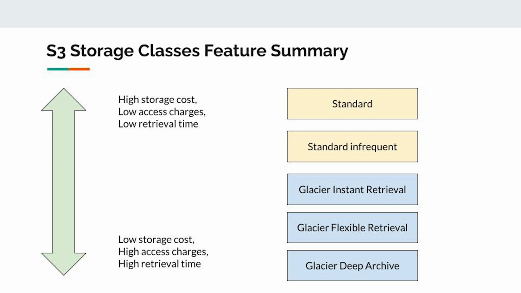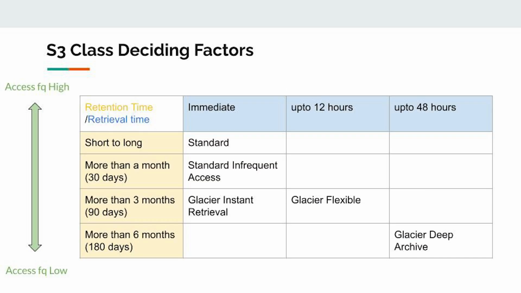Note that storage cost and access charges are inversely proportional. If we order the classes from top to bottom, they are as follows. Standard, standard infrequent access, Glacier instant retrieval, Glacier flexible retrieval, Glacier deep archive.